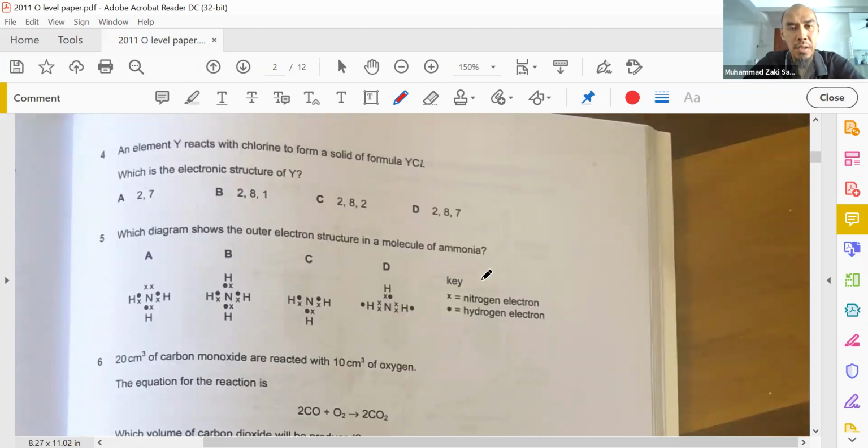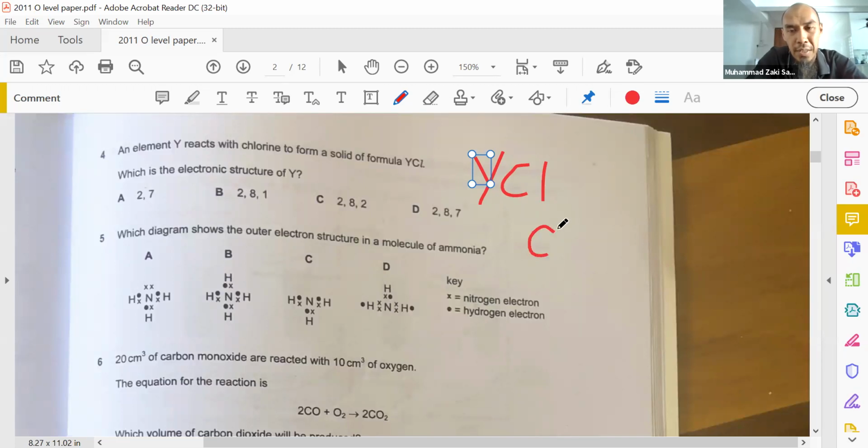The element Y reacts with chlorine to form a chloride YCl. What is the structure of Y? So YCl. If you remember your chemical formula, how is this chemical formed?